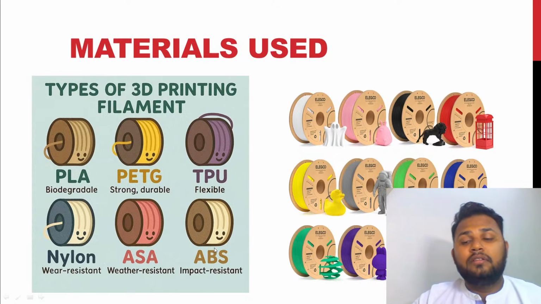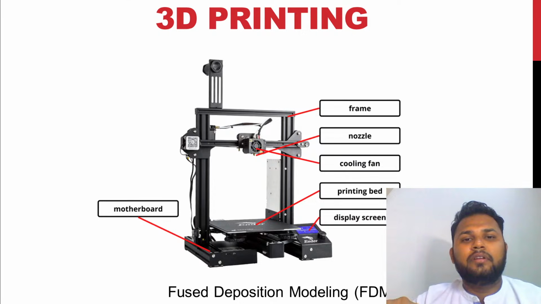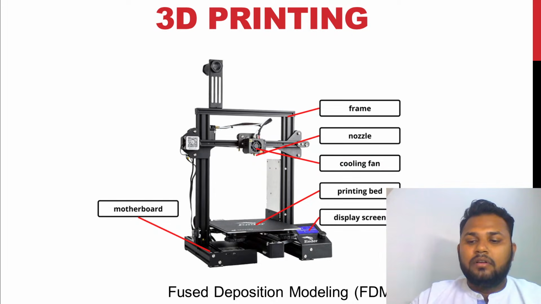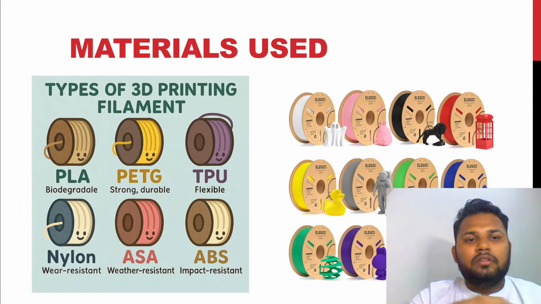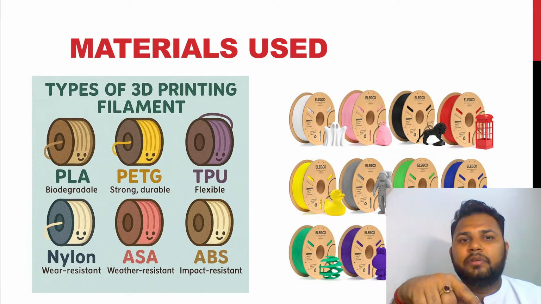Just like that, this FDM 3D printer has a temperature range. The maximum temperature it consists is 275 degree. It cannot rise its temperature above 275. So there is a limitation that all this material you can right now see here on the screen can be printed on that FDM machine.